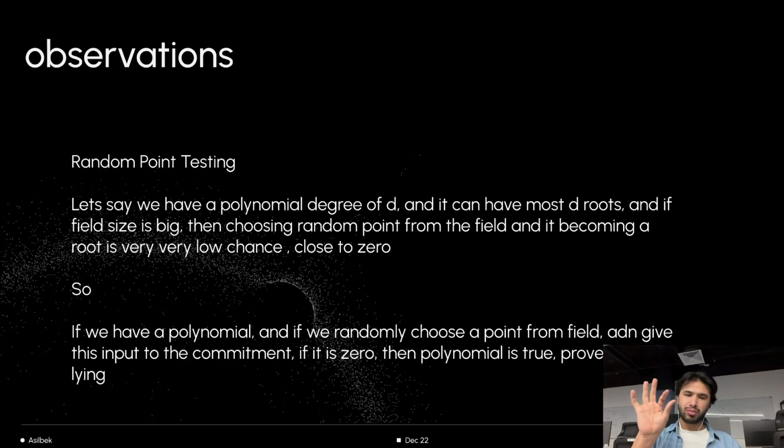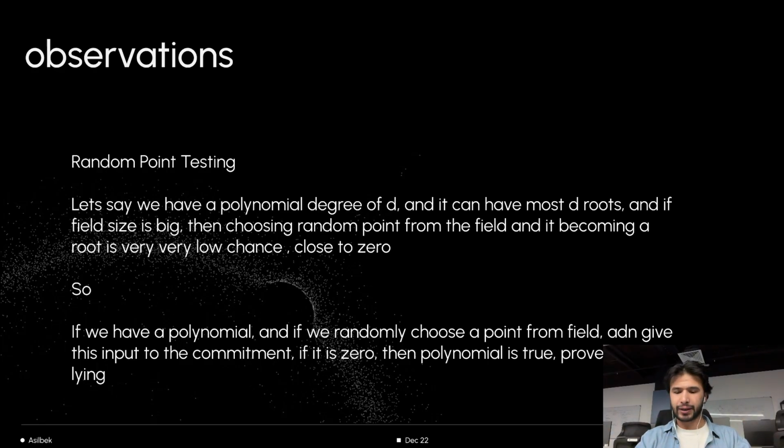Because we are randomly choosing among the points, and if this polynomial is true, it's going to give us 0. If it's not actually using the roots, then it will not return 0. So we can think of this as the prover proving.